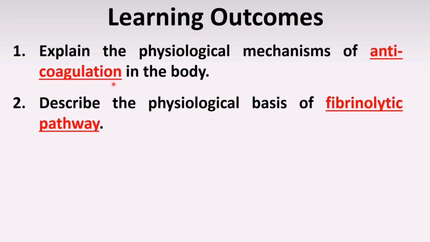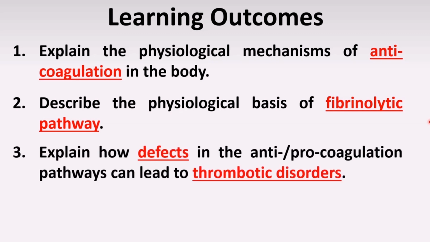So one is on anticoagulation, the other one is on fibrinolysis. Once you have learned the medical sciences behind anticoagulation, that's when we move on to look at the potential disorders that may happen if there are defects in the pro and anticoagulation pathway, in particular thrombotic disorders.